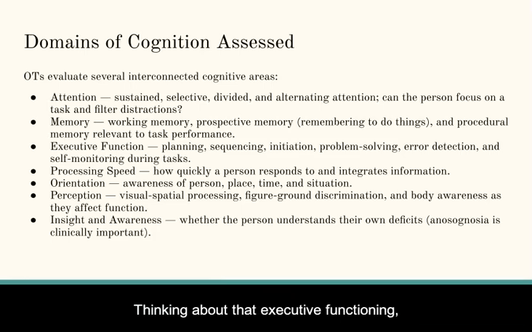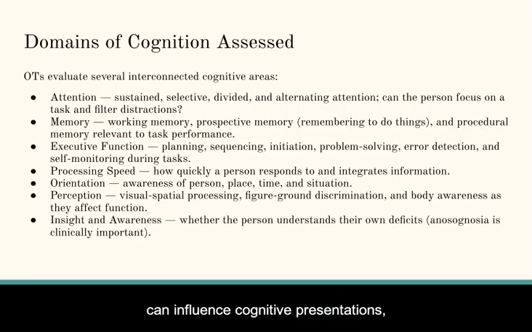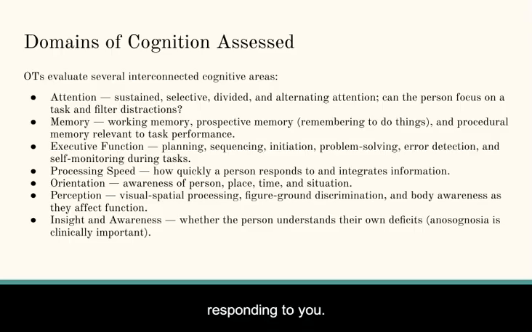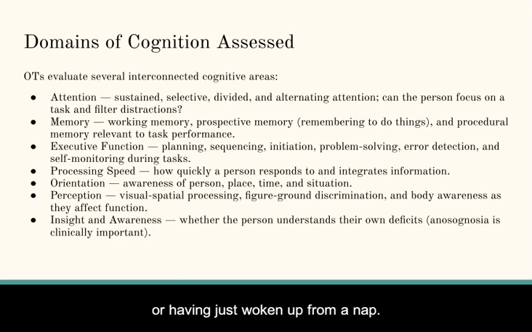Thinking about executive functioning, planning, sequencing, problem solving, initiating, how all of those are directly interconnected and how that can influence cognitive presentations. Processing speed, how quickly somebody is responding to you. This could be from being on medication or being fatigued or being stressed or having just woken up from a nap.